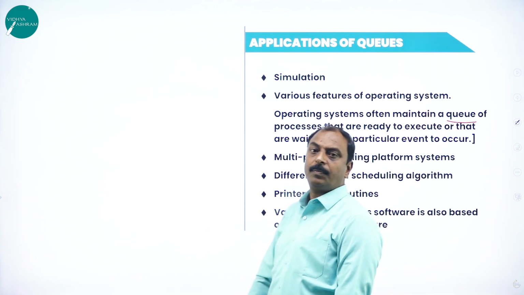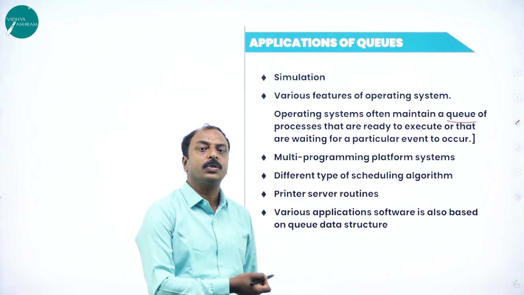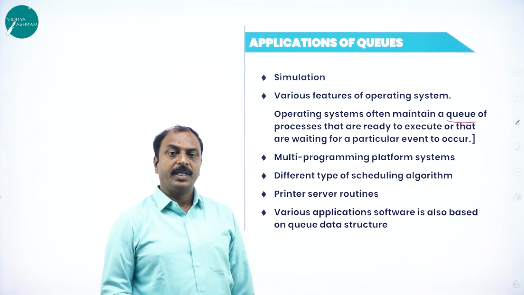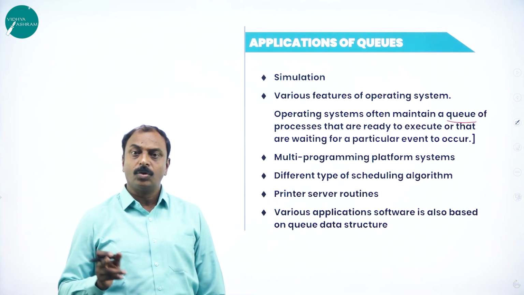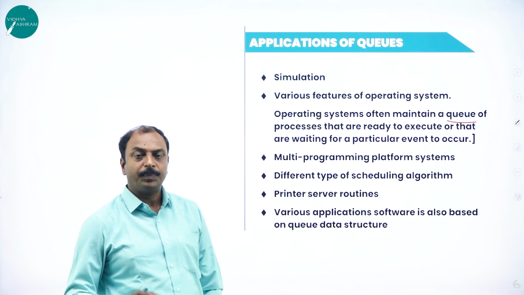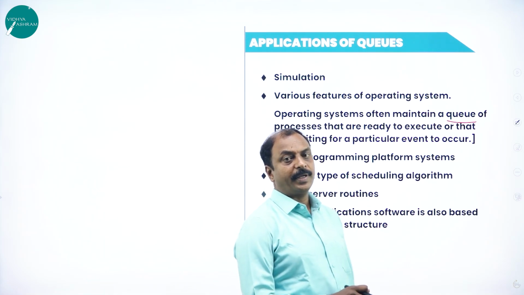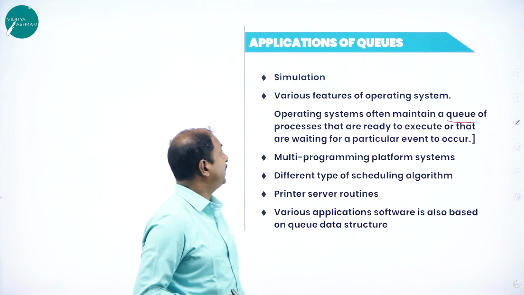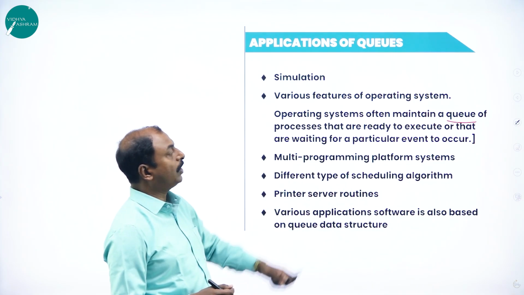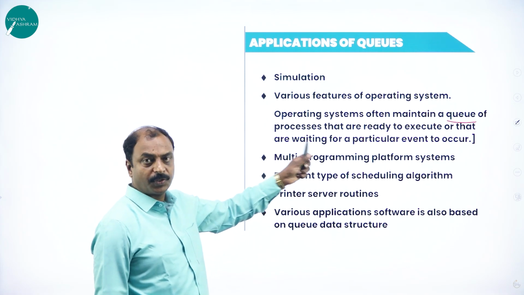Any of the operations to be executed will be in its own queue. Whichever appears first in the queue will be executed, then the next operation and so on. That is an example of an application of queue.